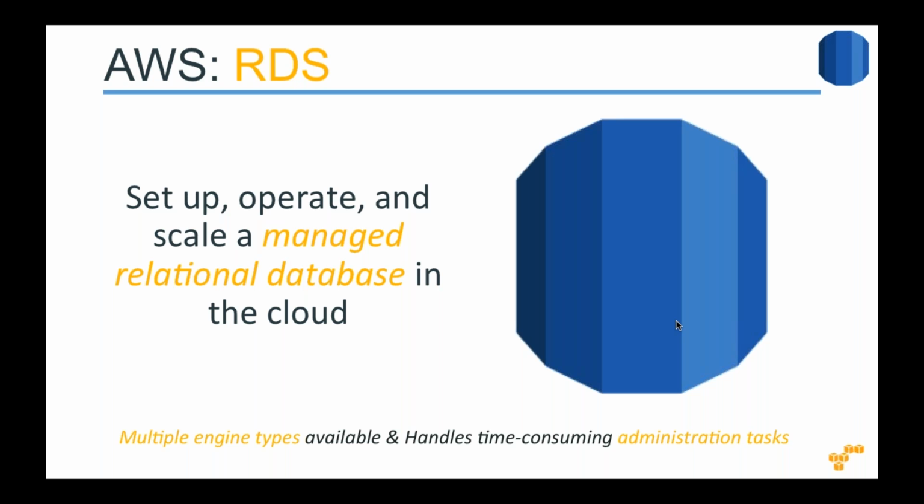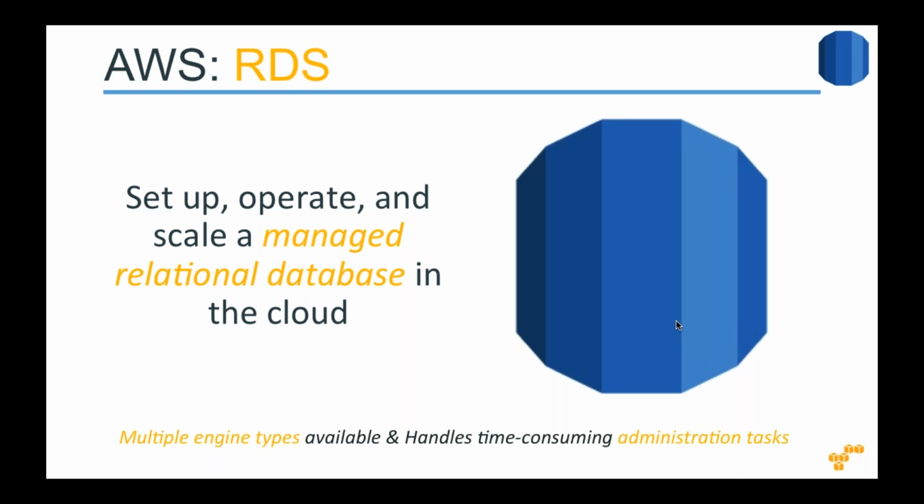You don't install Oracle, you don't install MySQL, you don't configure most of the DB parameters by default. You don't have to do the upgrade cycles, the daily operating system management jobs, adding disks and all those kinds of things. That is what a managed relational database service means.